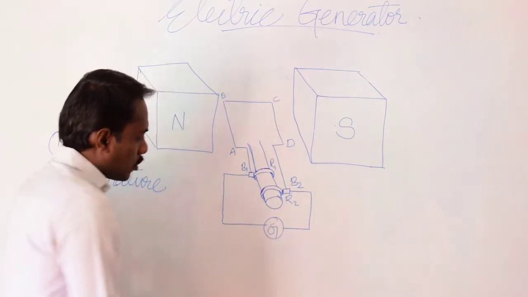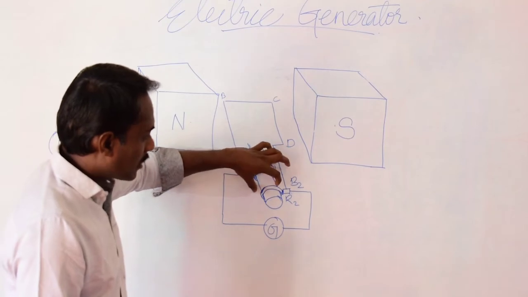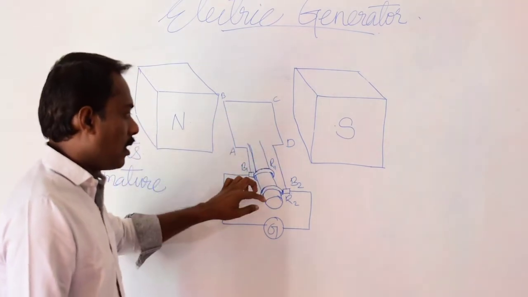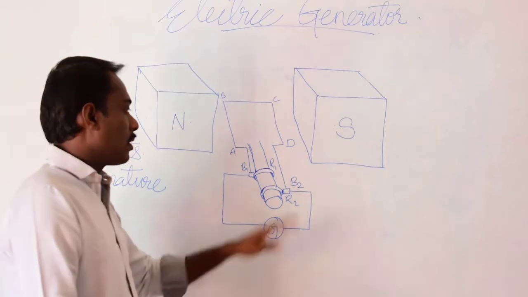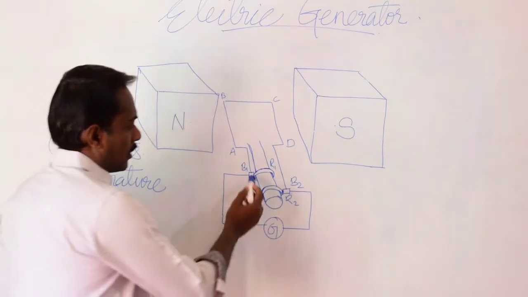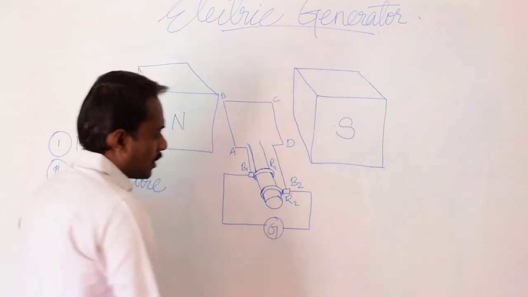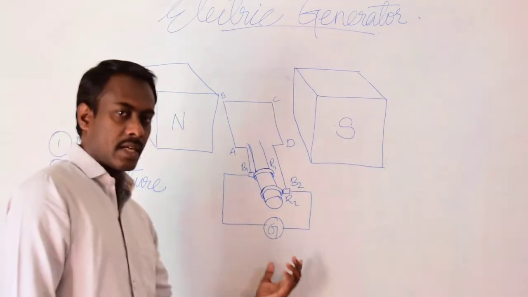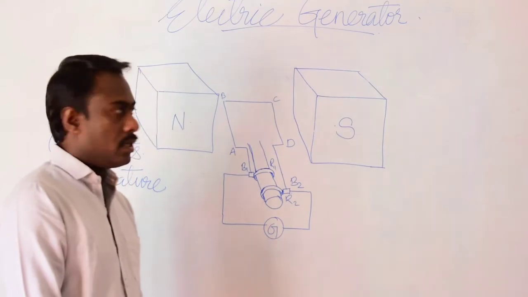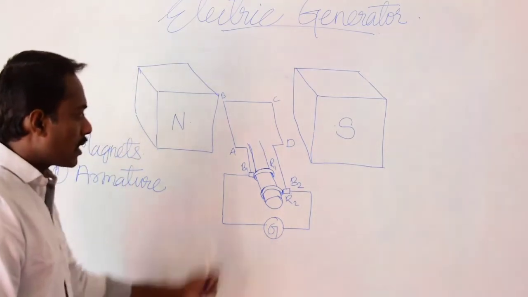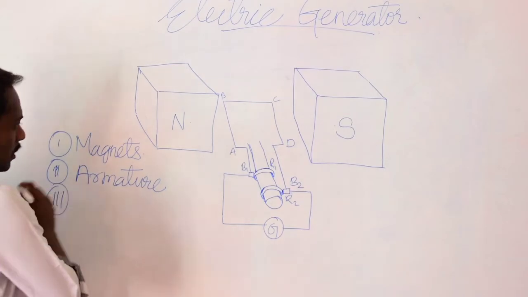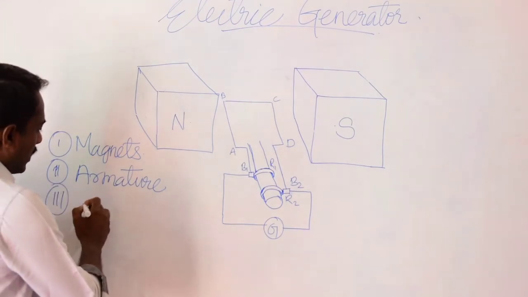These two rings are attached to the axle or the shaft, so that when the shaft rotates, the rings also rotate. The brushes are then connected to a galvanometer, which picks up the current flowing through the circuit. These are the main parts of an electric generator.